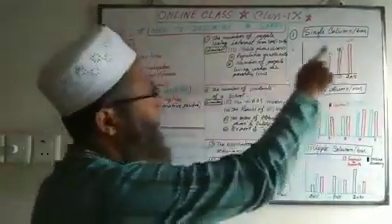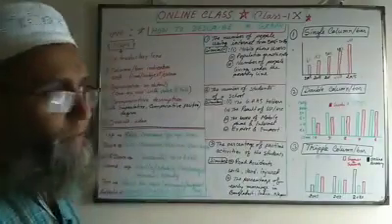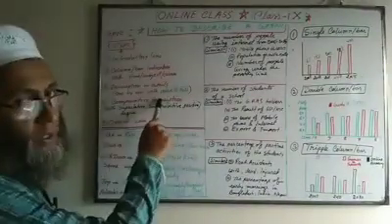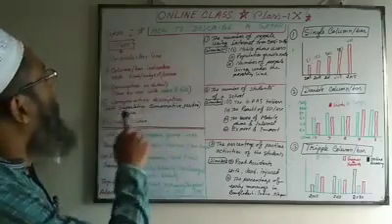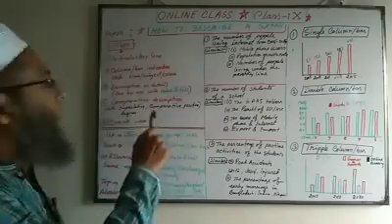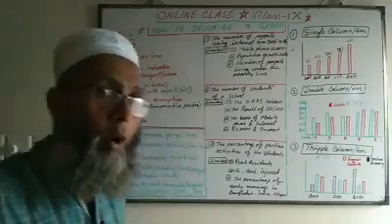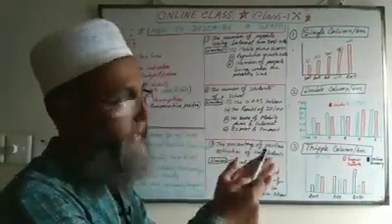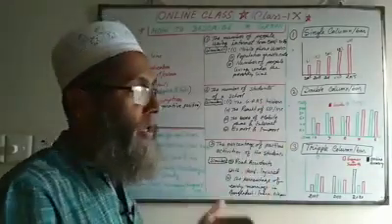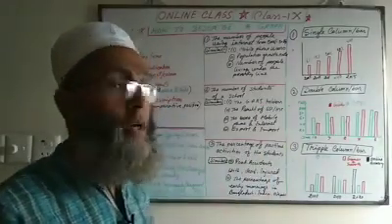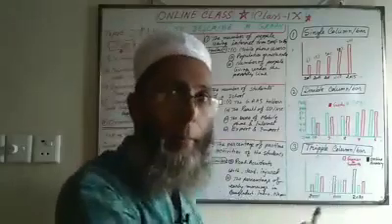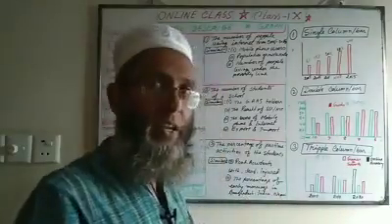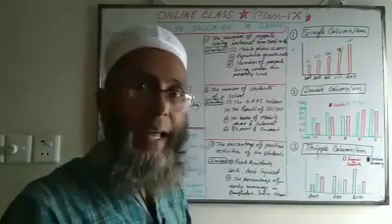and after this description, what steps should we follow? Next, comparative description. That means you should compare some information with the other, and you can mention here which is the highest number, or which is the lowest number, or which is the greatest, which is more, which is less.